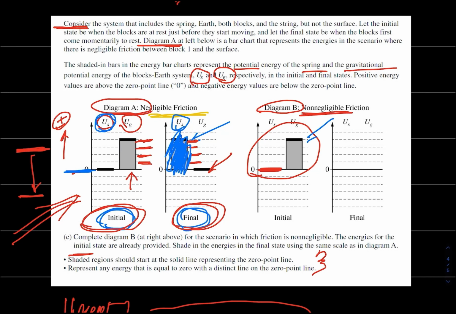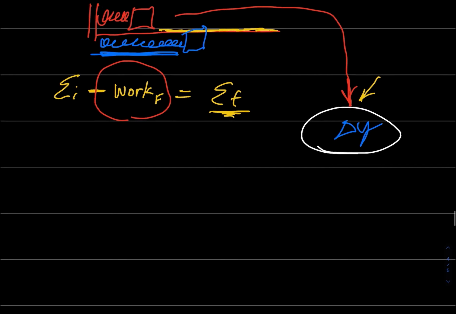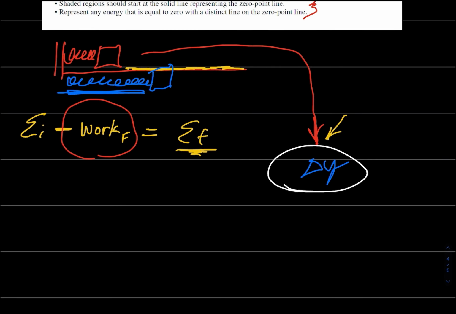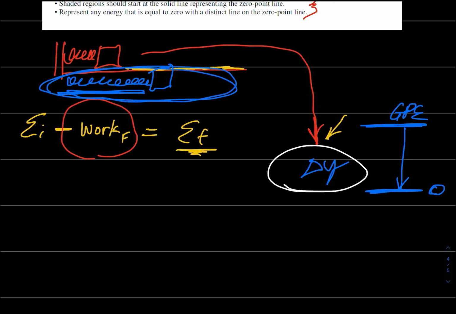And look at diagram B over here. The mass is not going to lose all of this potential energy that it had because it's not going to descend as far. And why is that? Because we said that the mass started out with the gravitational potential energy here where it started, and it descended to our reference plane 0. But we already said it can't go down that far because then the spring is going to wind up with too much potential energy, and we have to give something up to friction.